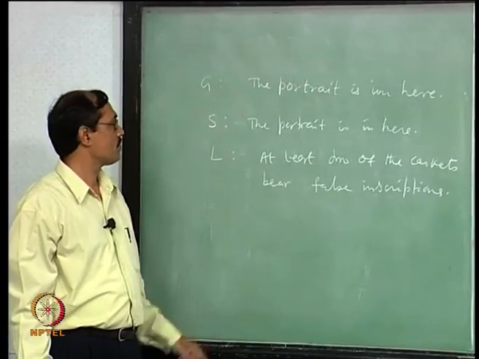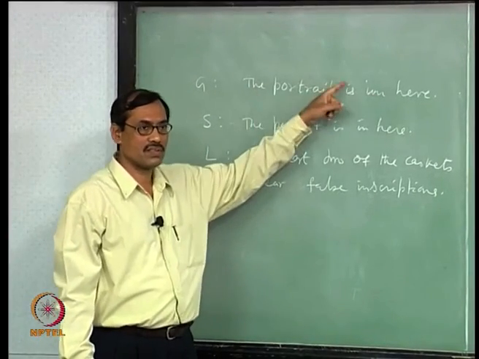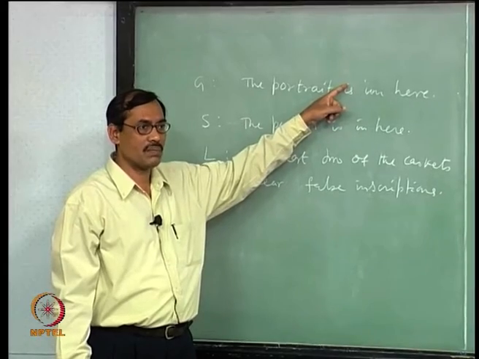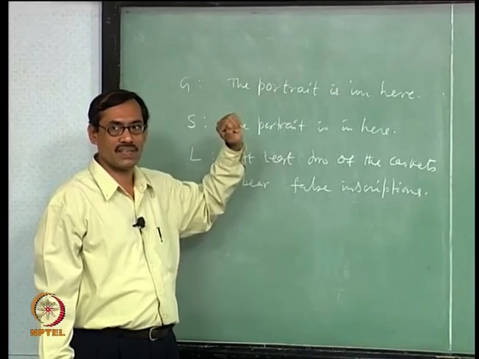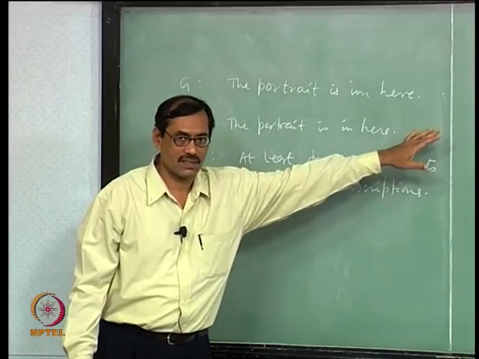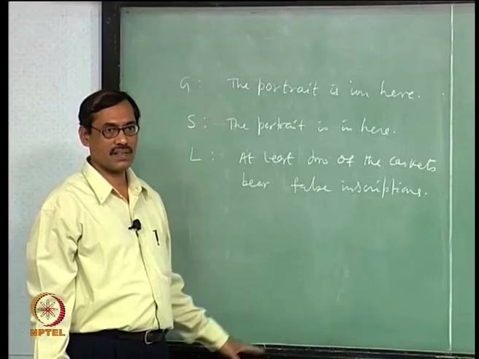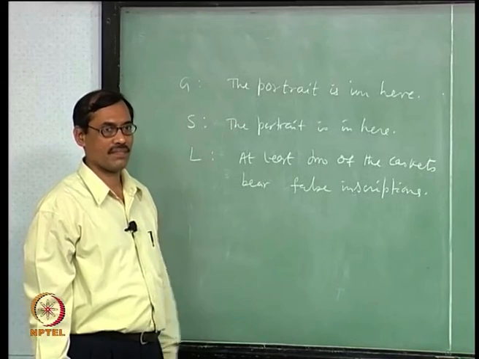When you interpret, you have to change the inscription this way: we have to say that the portrait is in the gold casket, not only "here". That is the way we have to read G.